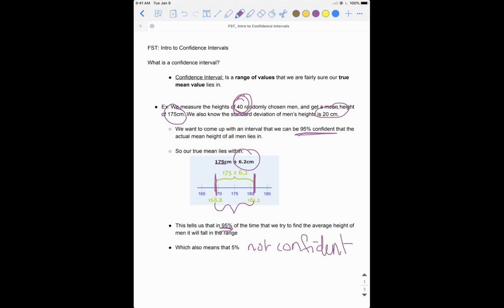So that means that 5% of the time, your mean will fall outside of it. So let's say one of the times you're in Holland, the Netherlands, which has the tallest people in the world, right? So your mean would probably not fall within that range. So 95% of the time, we're sure, and that's what this confidence interval helps us find.